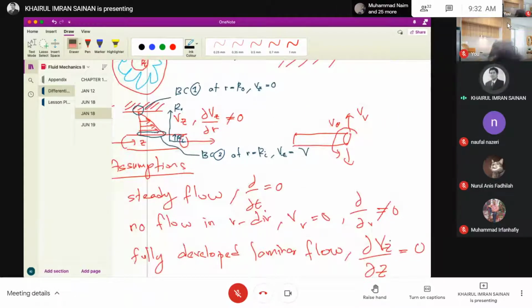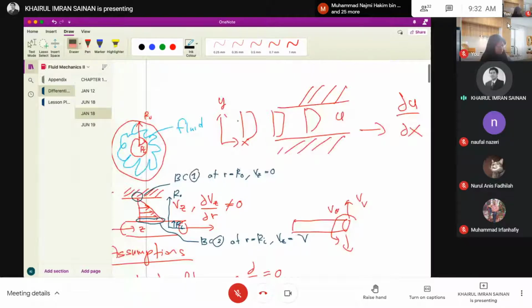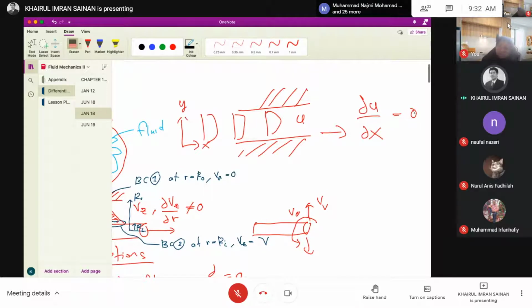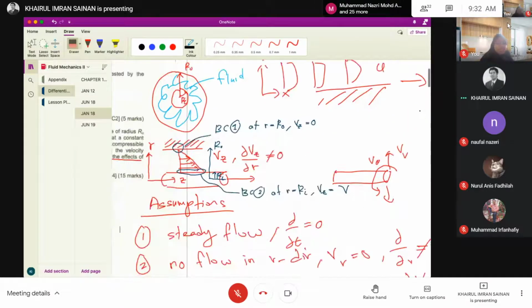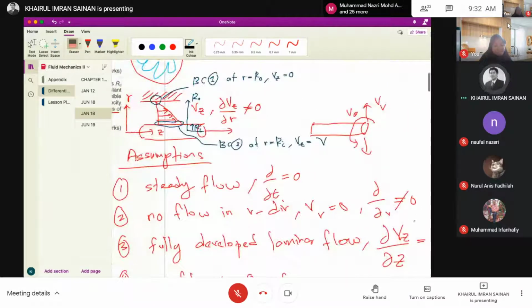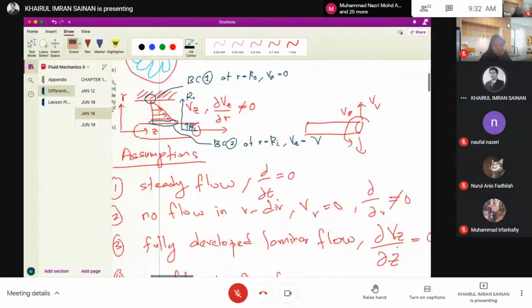Del vz over del z equals 0. The profile is the same as this one, so del u over del x, the change of u towards x, equals 0. There is no change. So for this case, del vz over del z equals 0.